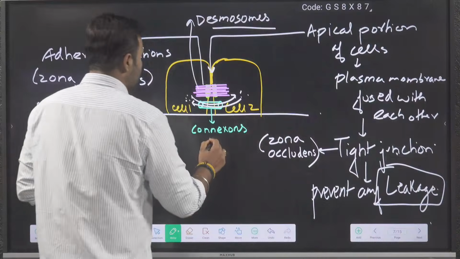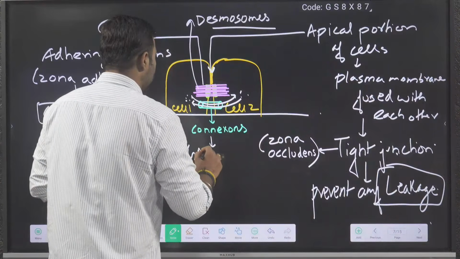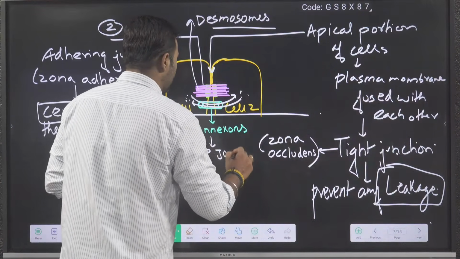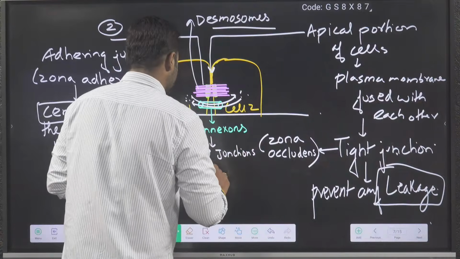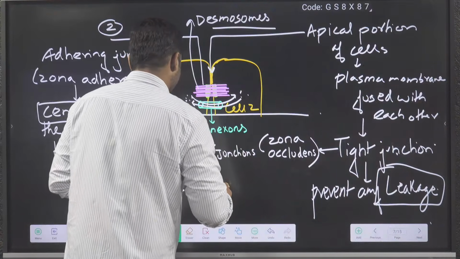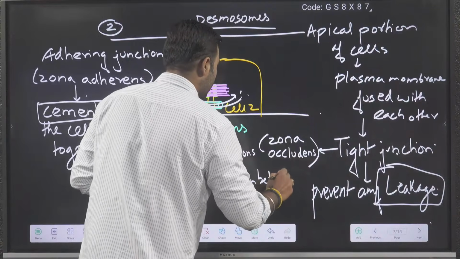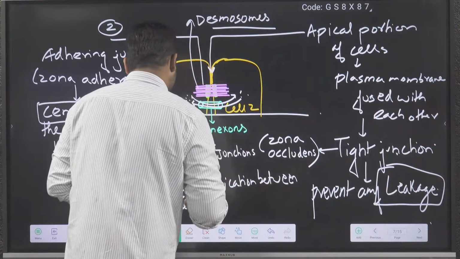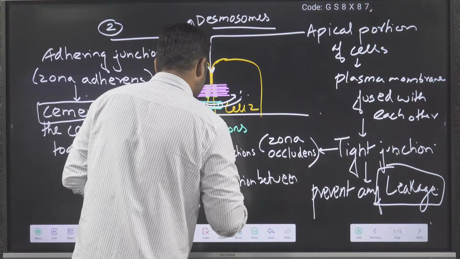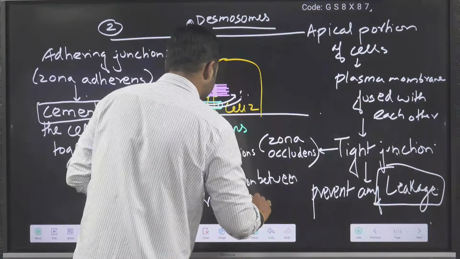That's why connexons make up the gap junctions. They help in communication between two cells.